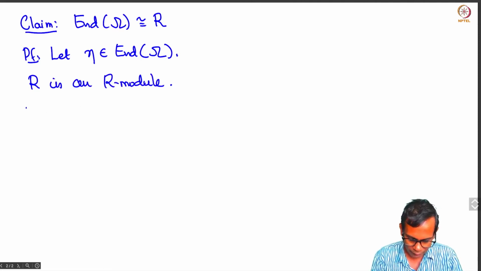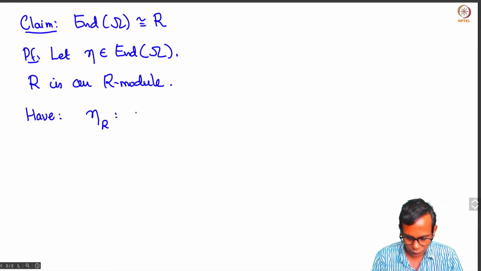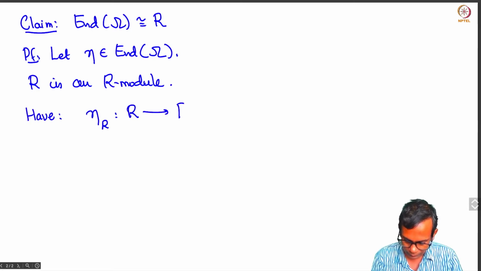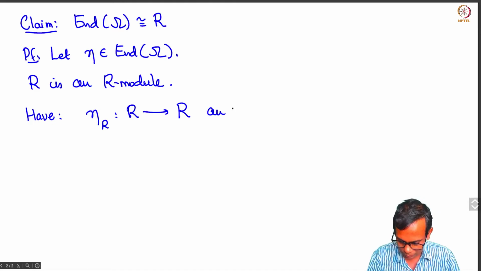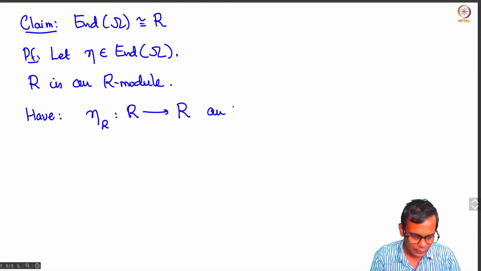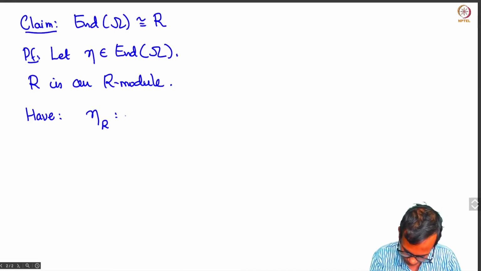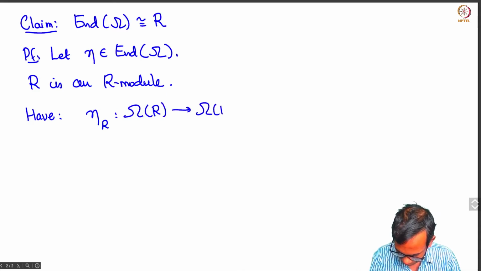And so what we have is eta_R from R to R. So this should be an R module homomorphism. No, not an R module homomorphism, a homomorphism of abelian groups, because eta_R should be from omega R to omega R, a homomorphism of groups.